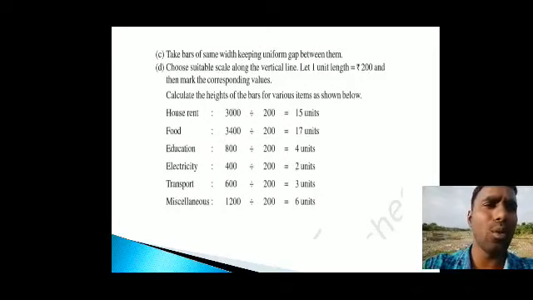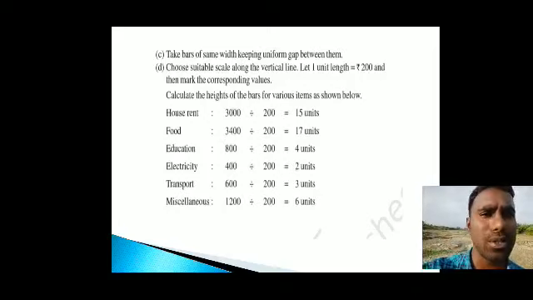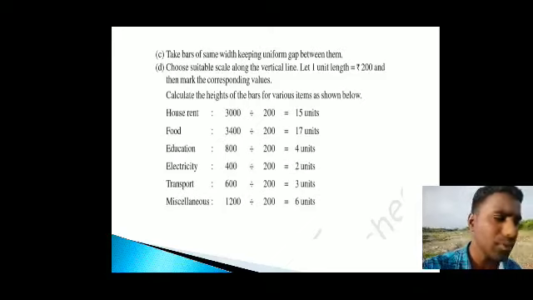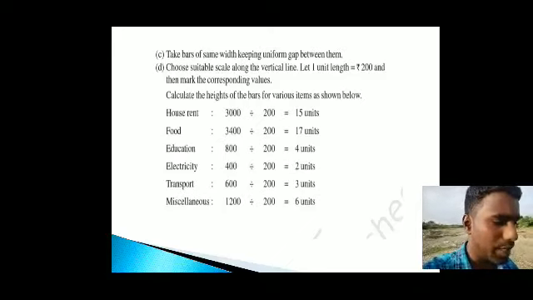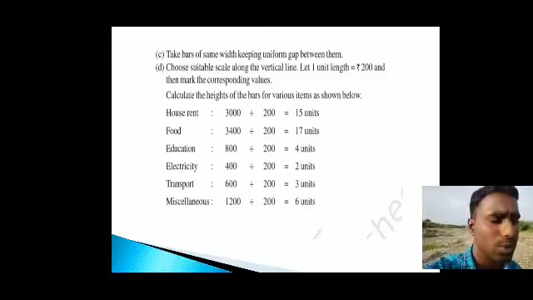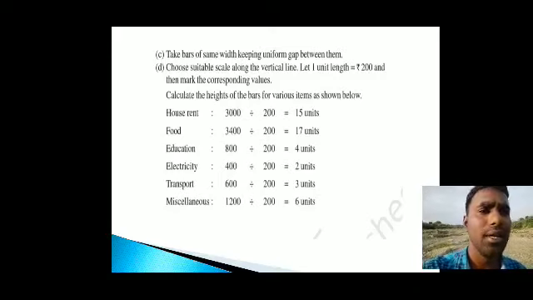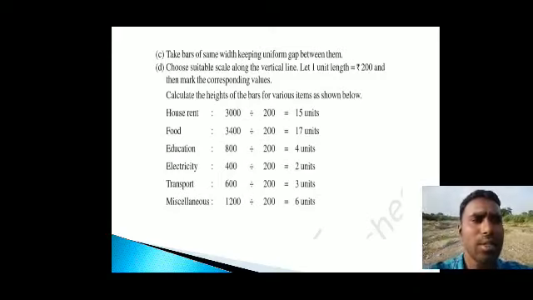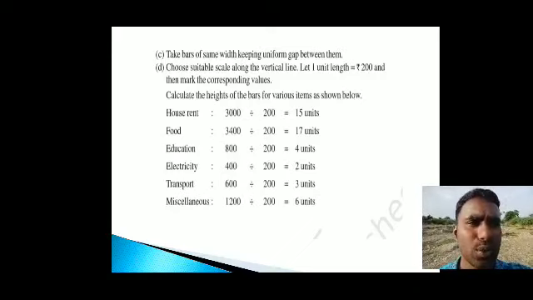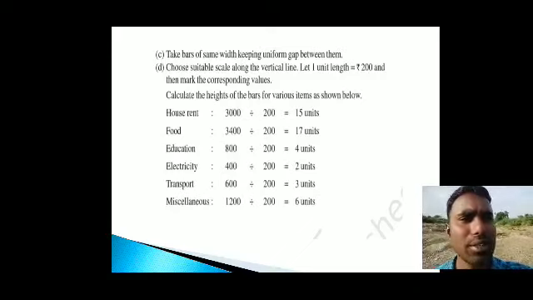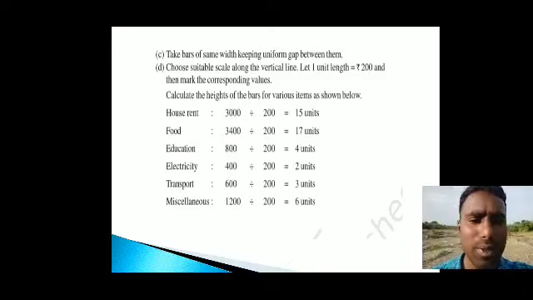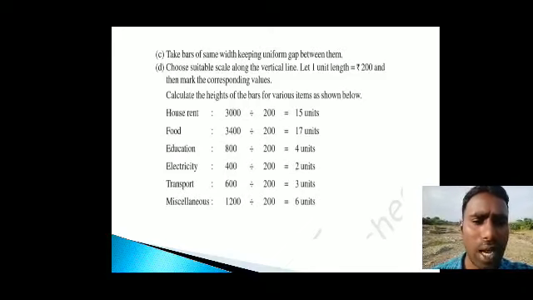If one unit length is 200, then for the expenditure amount, how much height will it become? Simply divide by the scale you have taken, either 200 or 100. So 3000 divided by 200 and 3400 divided by 200. Why do we divide? We are going to find how much height it will become.